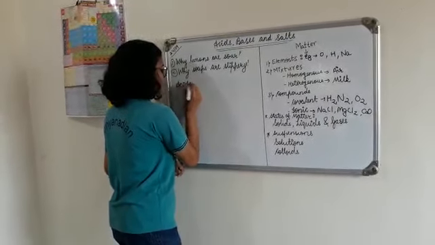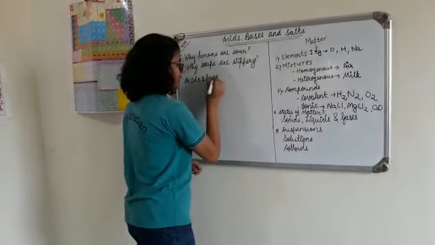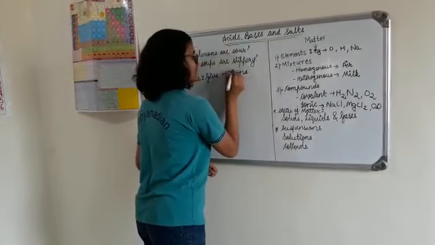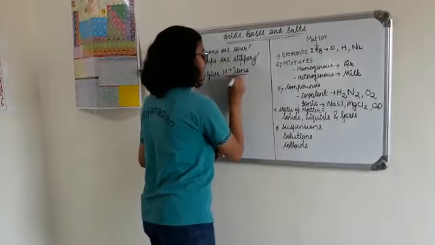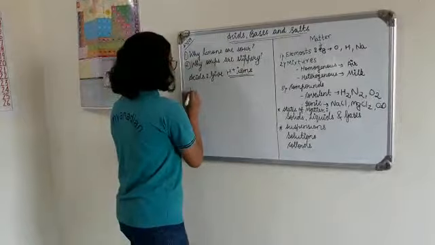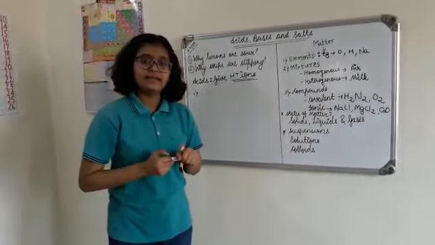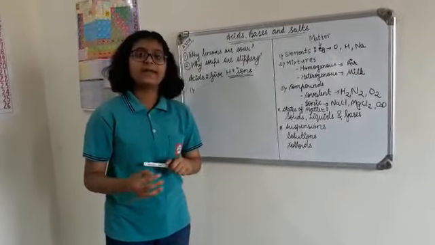Acids are those substances that give H plus ions in an aqueous solution. But first, we'll see what H plus ions are. We have seen in the last grade that atoms can attain stability in three ways, either by sharing, donating or gaining.